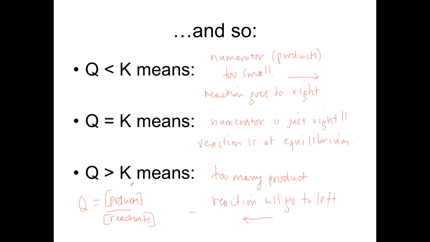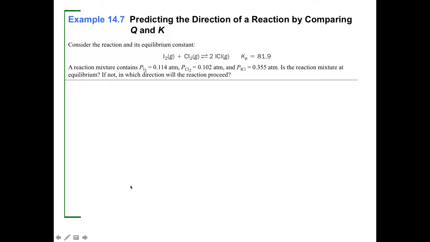Okay? All right, I think we have a practice problem here now. Consider the reaction and its equilibrium constant, 81.9. Okay, so we have K equal to 81.9. A reaction mixture contains a partial pressure of iodine, 0.114 atmospheres, partial pressure of chlorine, and such, okay? Is the reaction at equilibrium or not? Okay, so we're going to say the reaction quotient is going to be ICl.